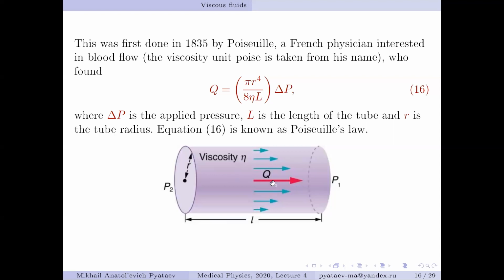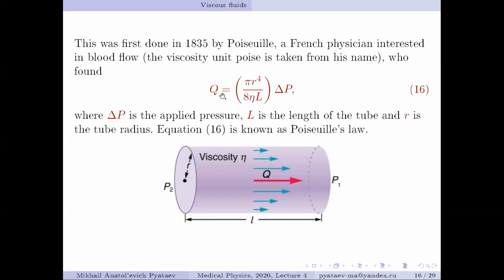So the larger the resistance, the smaller the flow rate. One more important quantity is the viscosity of the liquid. It is in the denominator, so the larger the viscosity, the smaller the flow rate.